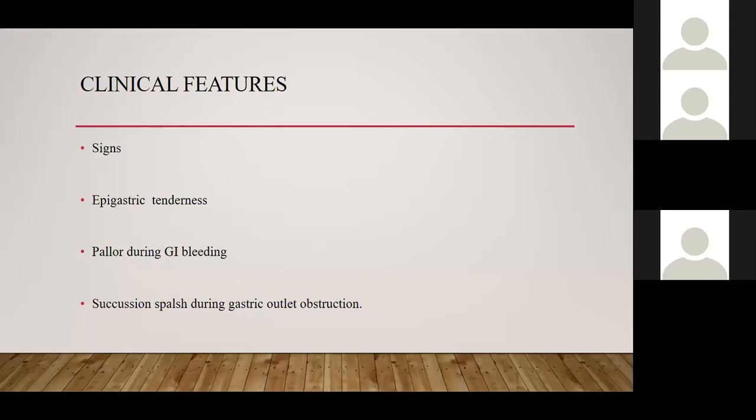You know that feeling when you drink water and then you shake yourself, you can feel the water moving in your abdomen. Usually when you eat and we wait for some time, we expect the food and water to have moved down. But if you have a gastric outlet obstruction, it won't move down. So when we shake you a bit, we hear a splash sound in your stomach. It's called Succussion splash.